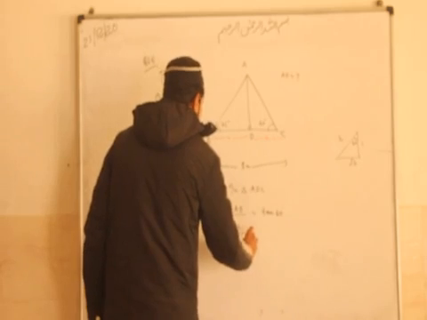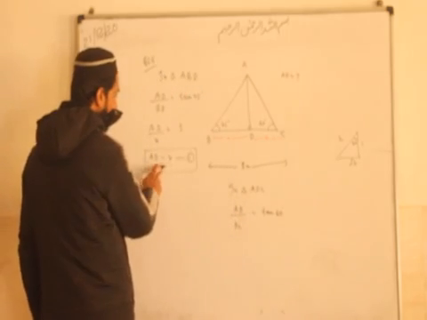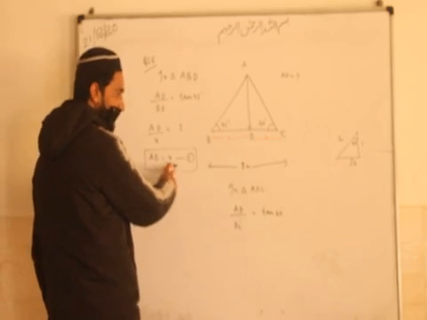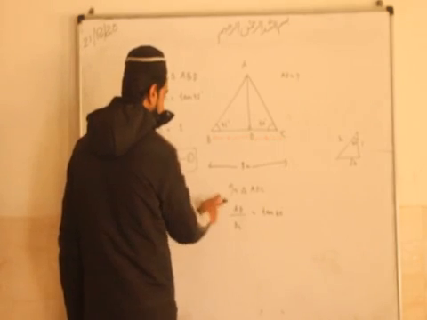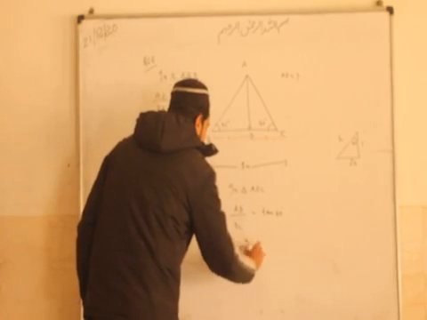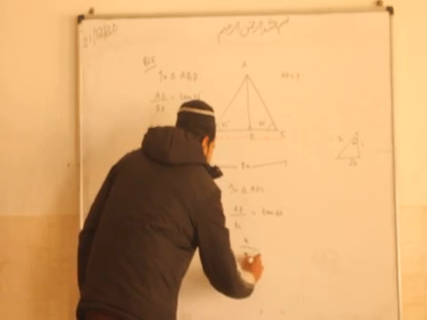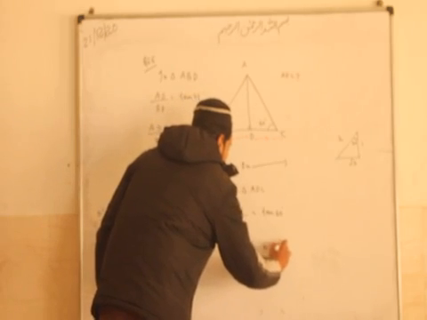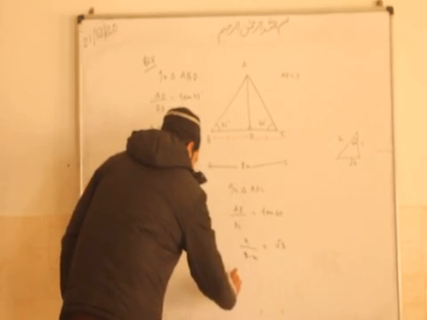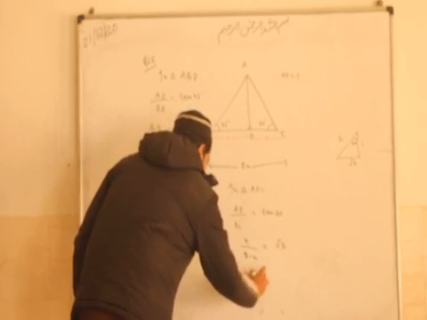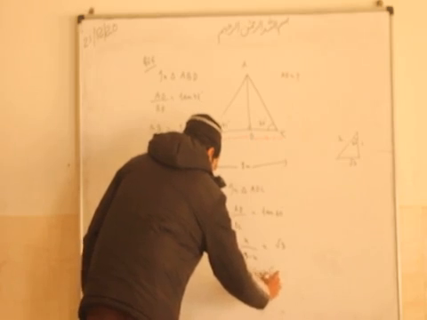From the first equation AD is equal to x, so in place of AD we can write x. So x upon DC, and DC is 8 minus x, is equal to root 3. So now x is equal to 8 minus x, root 3.